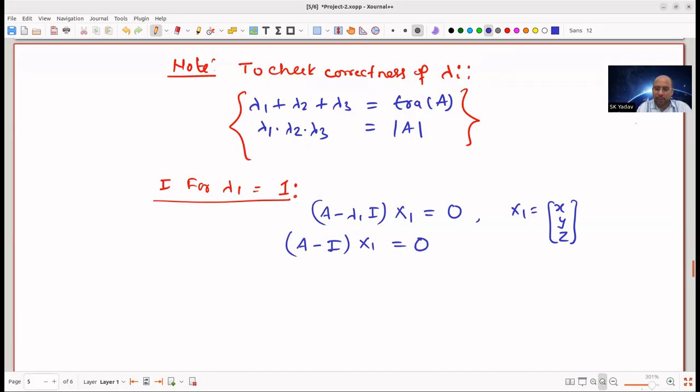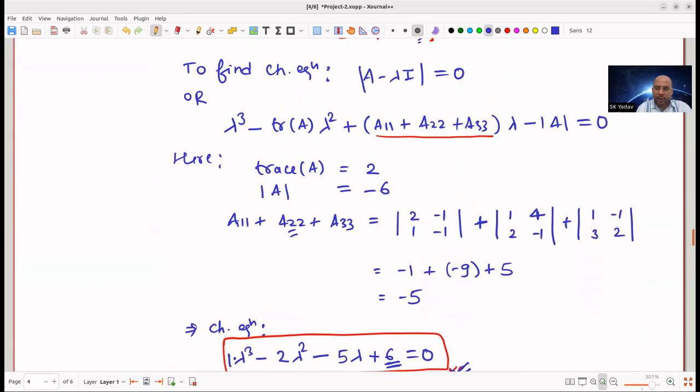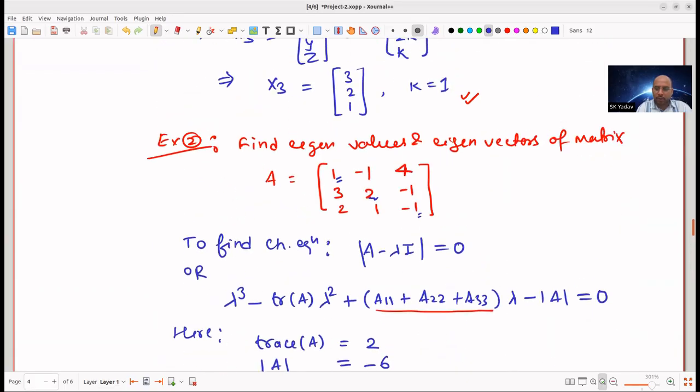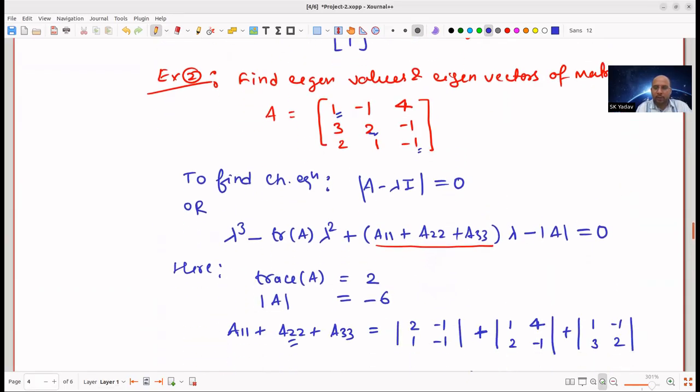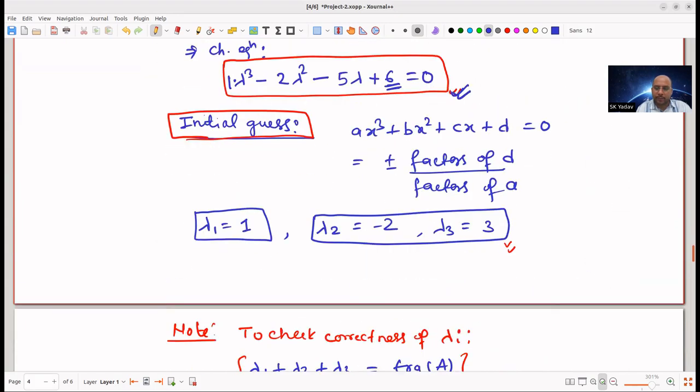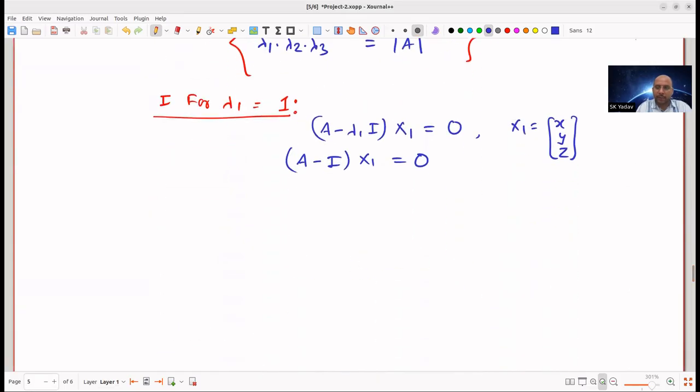As the given matrix is a general matrix, there are no zero entries. So let us subtract 1 from the diagonals of the original matrix and see what I got here. So this is 1 minus 1, I have 0 here. So this will change to 0, minus 1 and 4.